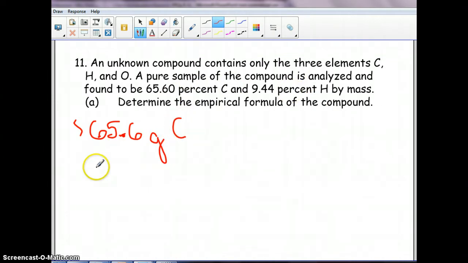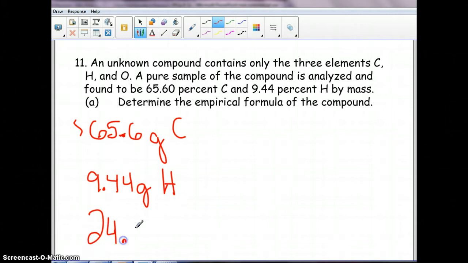All right, and then we have 9.44%, or 9.44 grams. That's just hydrogen. And if we add these two numbers up and subtract from 100, we will be able to determine the amount that is the remaining element, oxygen. So let's see, 65.6 plus 9.44 gives us 75.04, and then 100 minus 75.04 is 24.96. So 24.96 grams is just oxygen.